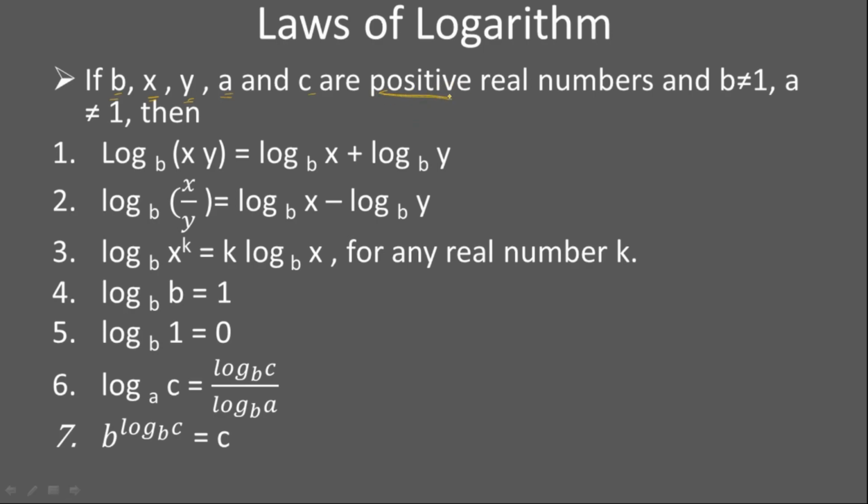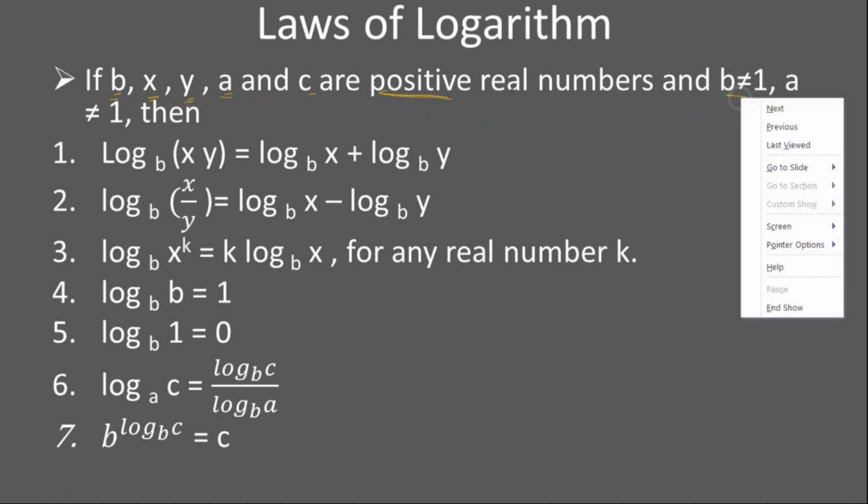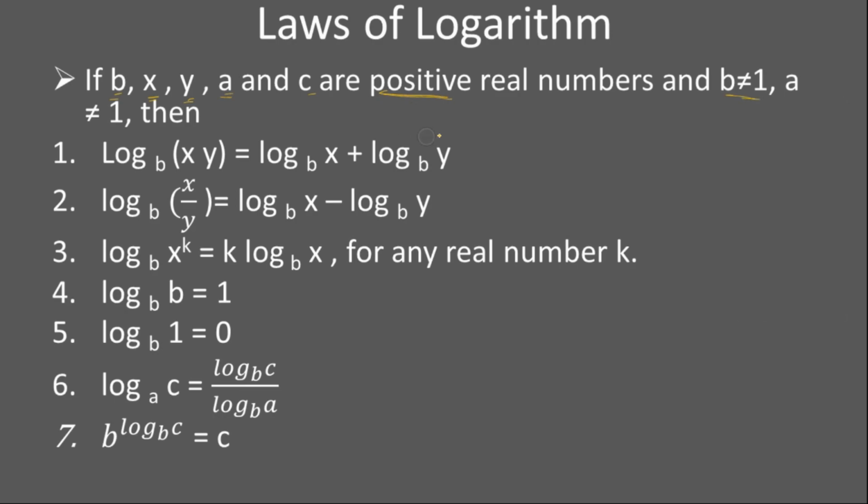Let's say the bases b and a are different from 1. Don't forget that the bases should be different from 1, and all the numbers must be positive, since it does not contain the number 0.